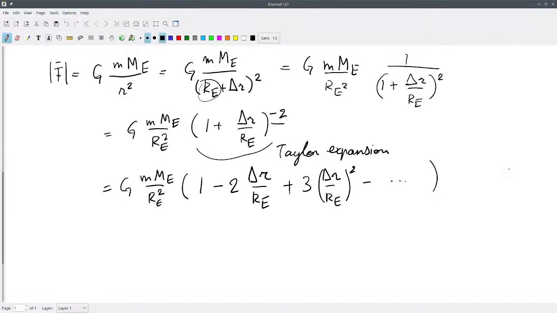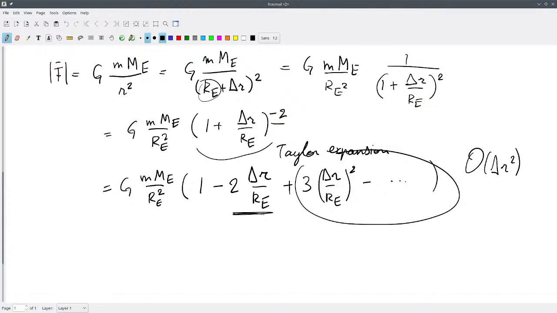In any case, I'm not going to bother about all of these additional second order terms. I'm just going to call them big O of delta r squared. So they're of order delta r squared. And delta r squared terms are going to be much smaller even than delta r terms. So most of the interesting stuff is going to be in this term.